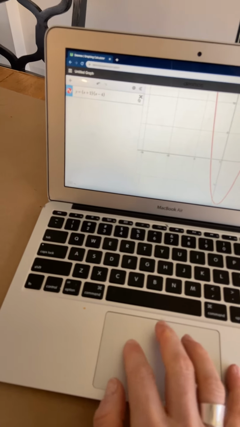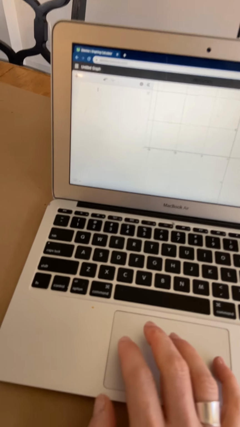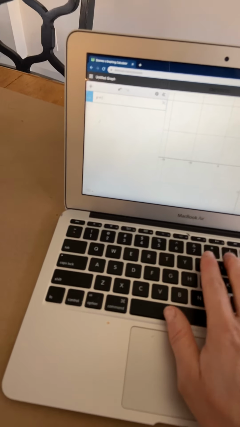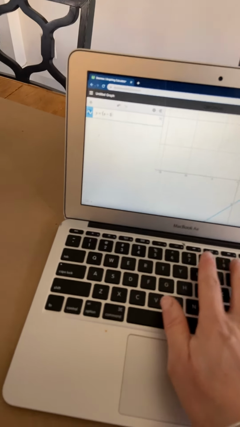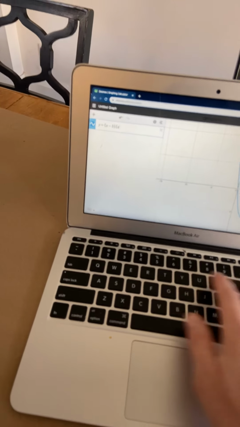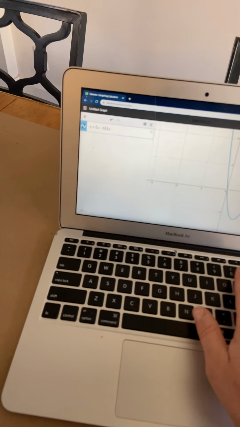So I'm going to delete my old equation. I'm going to write my new equation right here. Y is equal to (x - 5)(x + 1).